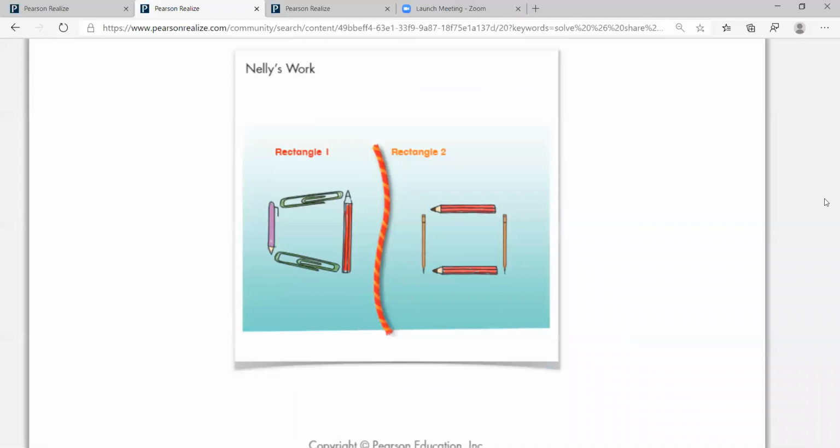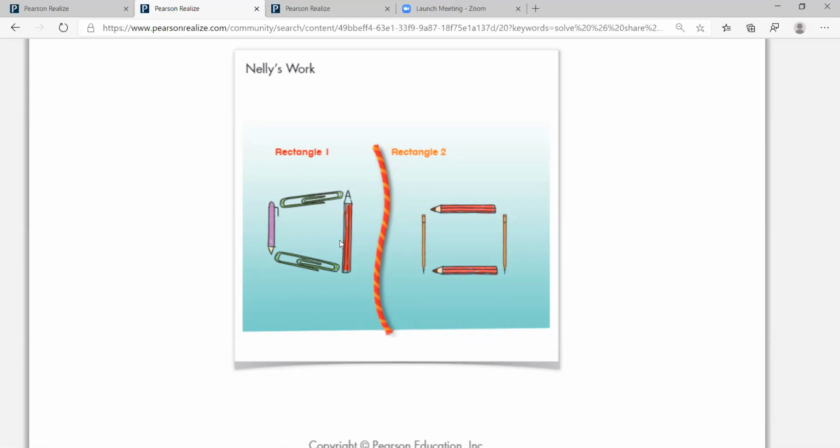If we look down at Nellie's work, she has designed two rectangles. Although, what do you notice about her first example? Do you see a rectangle here? Why or why not? You're right. This is not a proper rectangle because it does not have opposite pairs of the same length. Her top and bottom have two paper clips which are the same length, but if you look at her two sides, the pen is much shorter than the pencil.